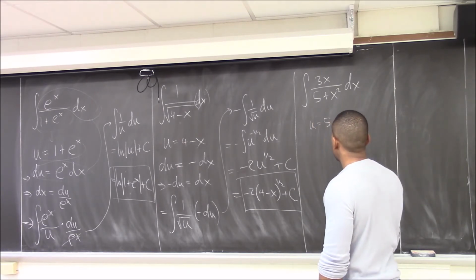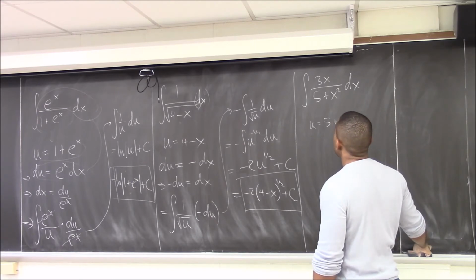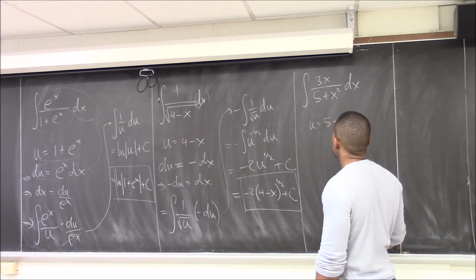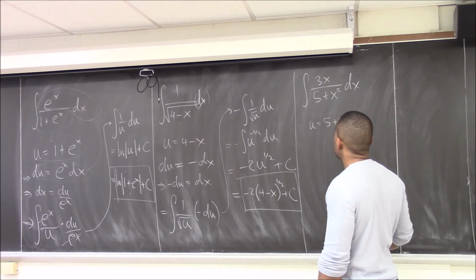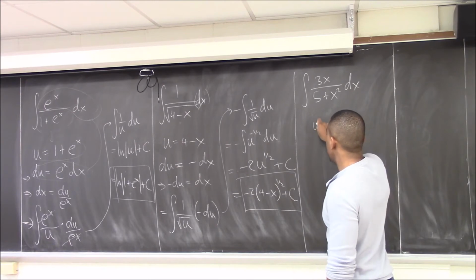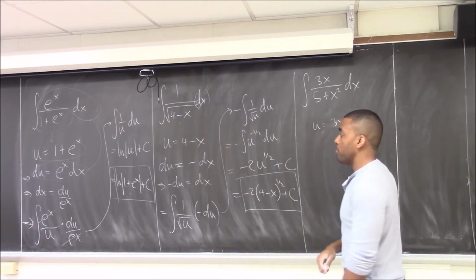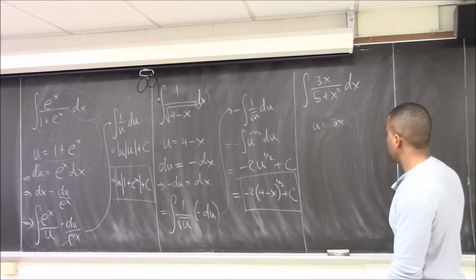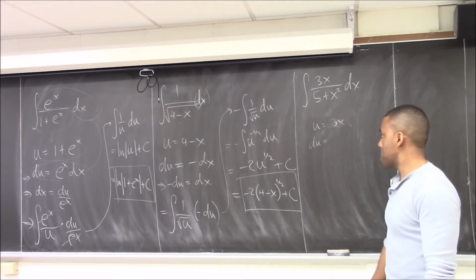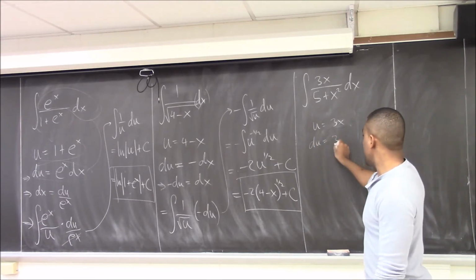Either 3x or 5 plus x squared, if you wanted to. Okay. What if you did u equals 3x? What would have happened? What would the du be? 3dx. Yeah.